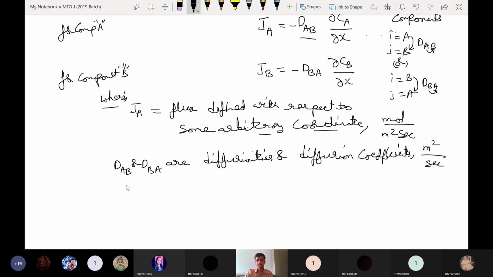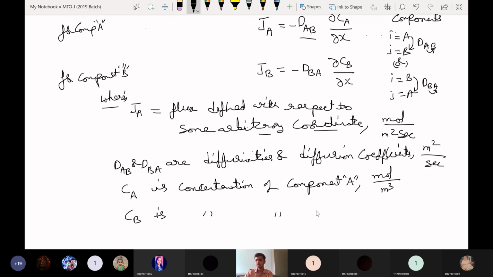The next one is C_A, the concentration of component A. Concentration units will be mole per meter cube, or if it is a mass concentration, rho A will come in place of C_A, and its units will be kg per meter cube. Then C_B is the concentration of component B. Units will be the same, mole per meter cube.